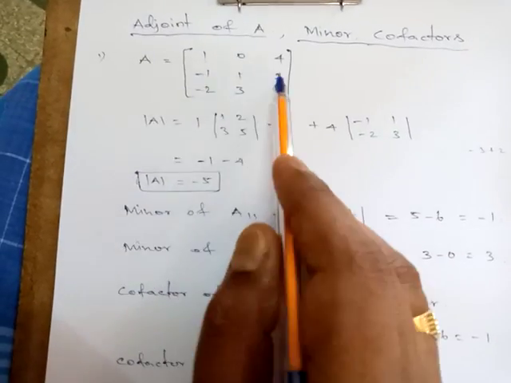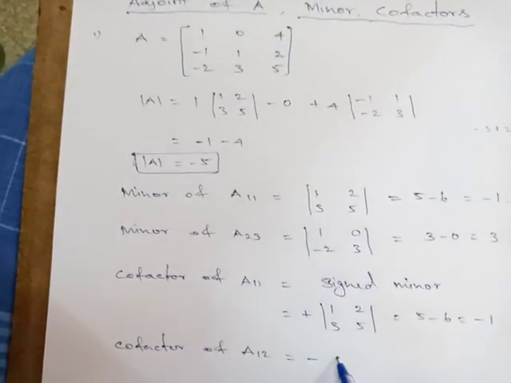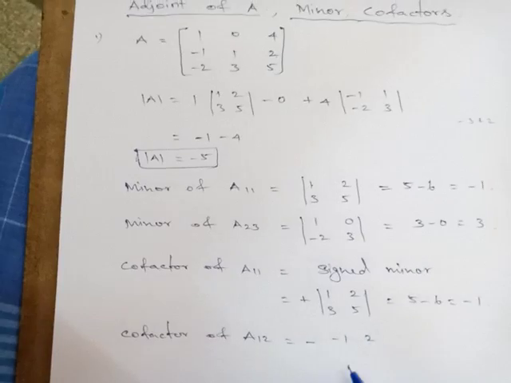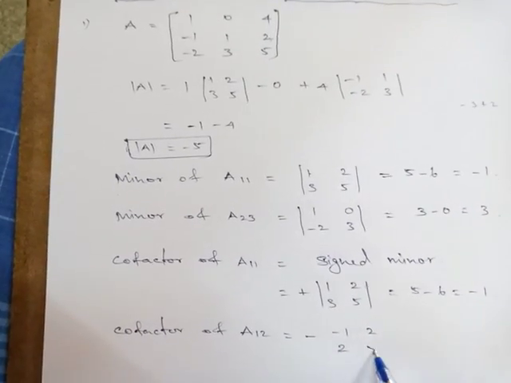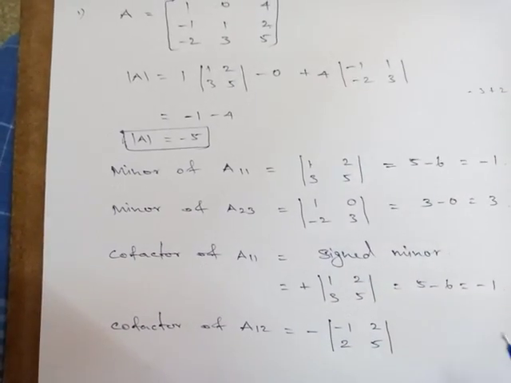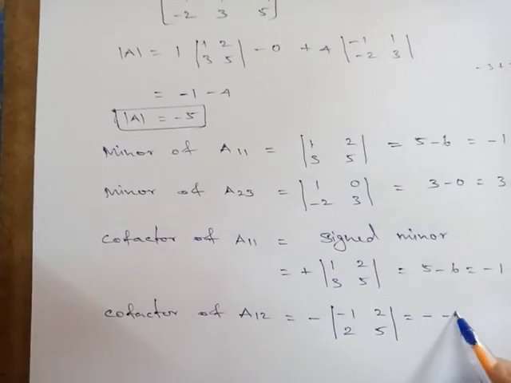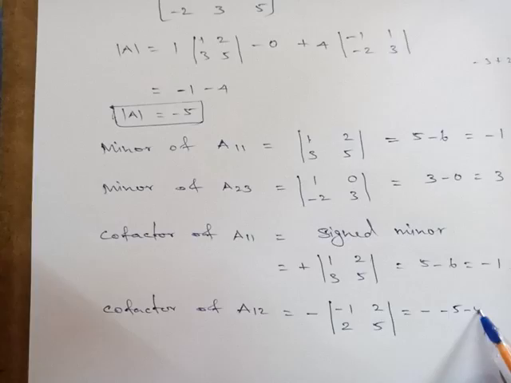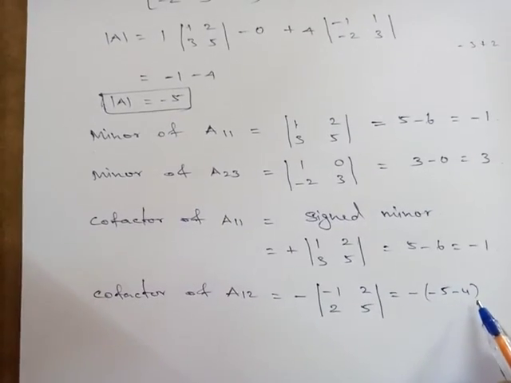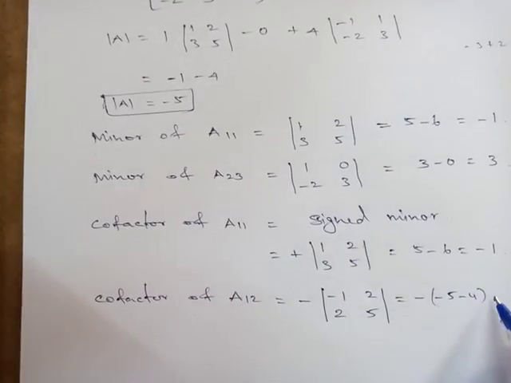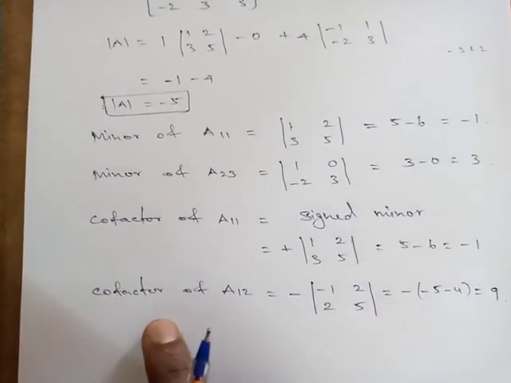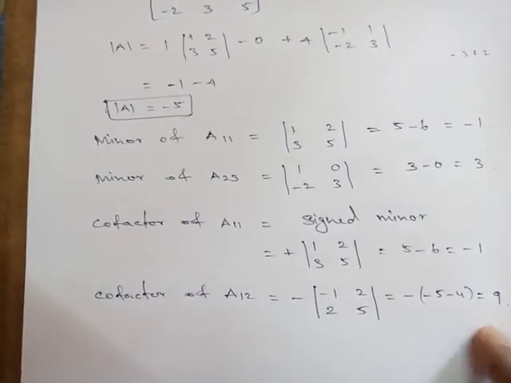What do I get? Minus 1, 2, 2, 5. The determinant of this value is minus 5 minus 4, so minus 9. Since the sign is minus, it becomes plus 9. So the cofactor of A12 is 9.